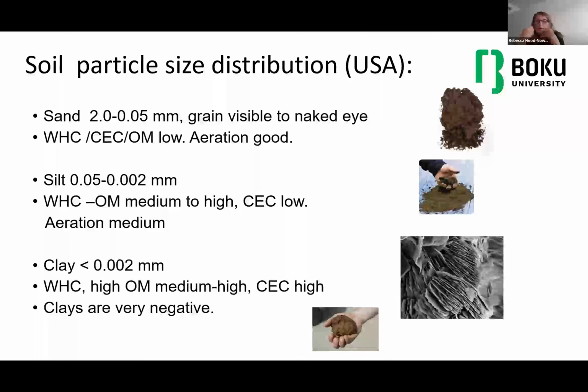Clays are usually very small particles, so they have a very high water holding capacity. They also have a medium to high organic matter content, because the organic matter gets stuck between those clay pages.